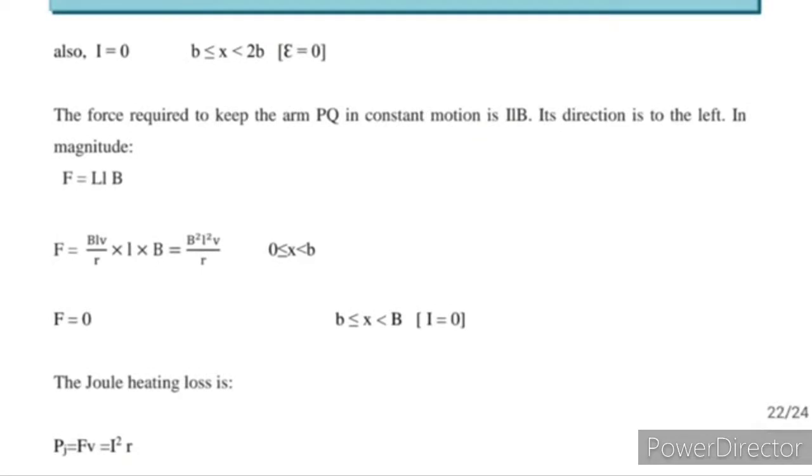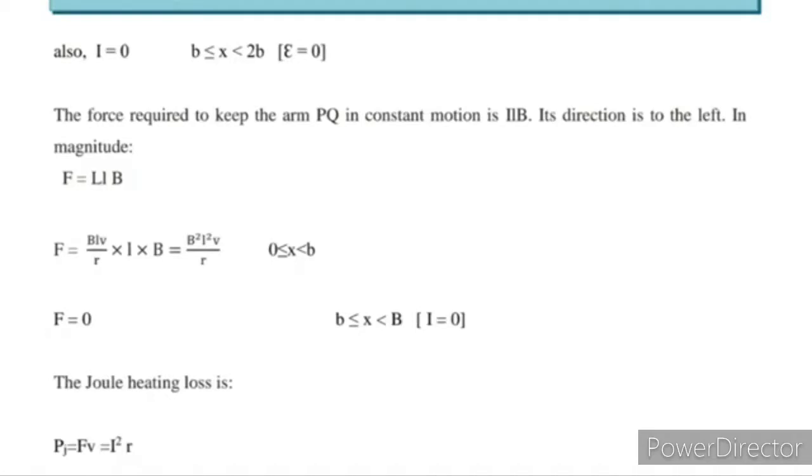So BIL, or LIB, in whatever way you can take, we will just substitute for B and I. That means B is B as such, L is L as such. What is I? I is just epsilon by R, where R is the resistance of that conductor PQ.